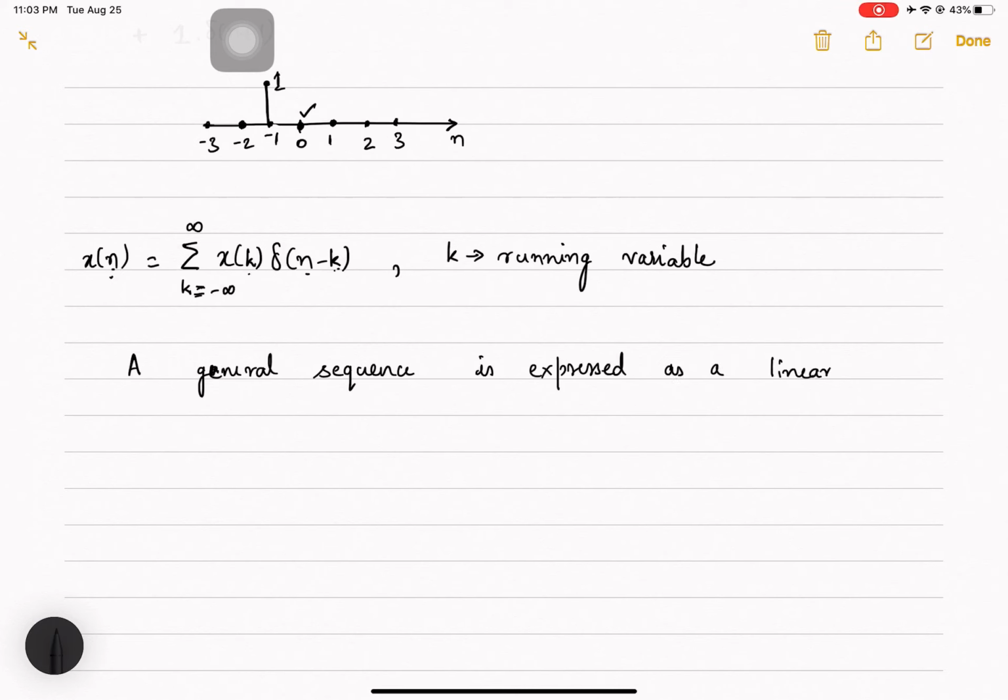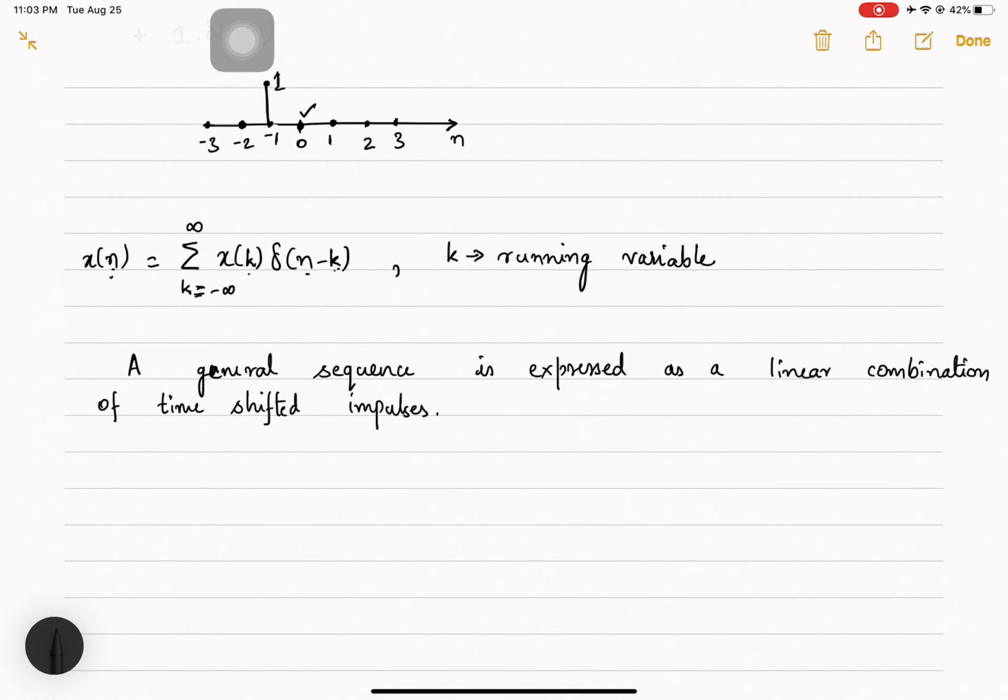Linear combination is nothing but multiplying by a scalar and adding of the signals. Linear combination of what? Of time shifted impulses.